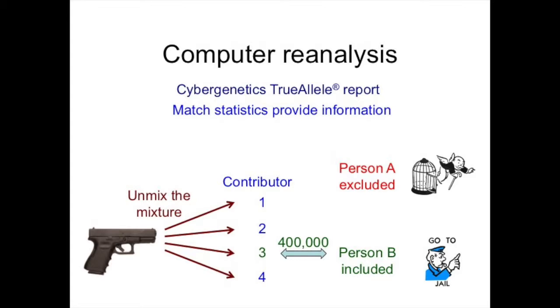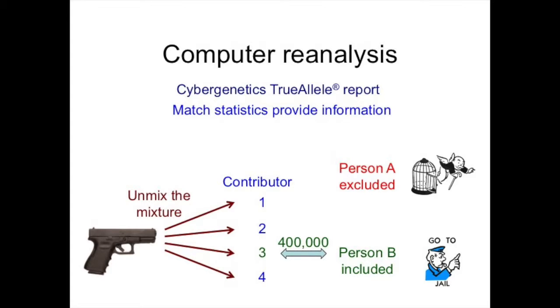So in this case, comparison was made with 2 people. The first person, A, didn't have the same barcode or genotype as any of the 4 contributors that were found on the handgun. And so he was statistically excluded with a negative association, and the district attorney dropped charges against him.